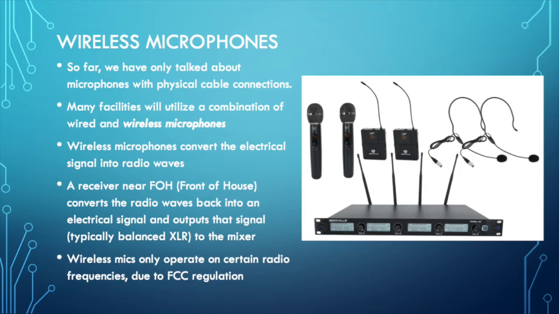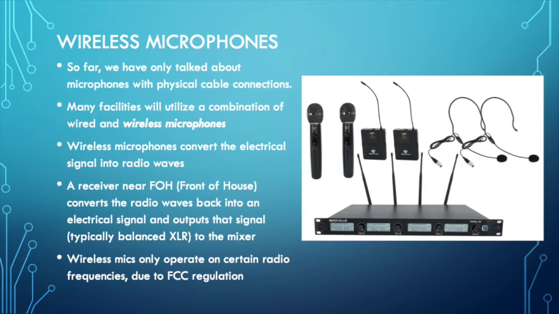Wireless mics have a pretty narrow band of frequencies that they operate on. This is usually to minimize crosstalk, like if you have a couple different wireless systems where you don't want one receiver to be picking up the transmission from the wrong microphone.